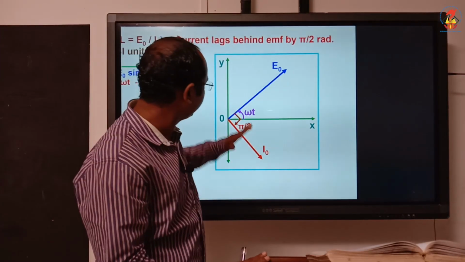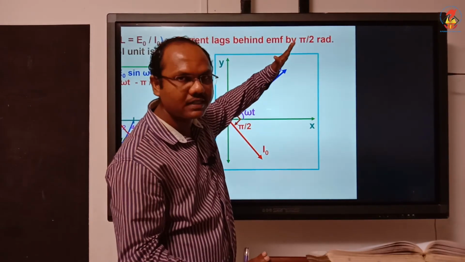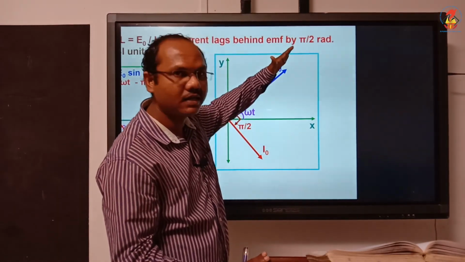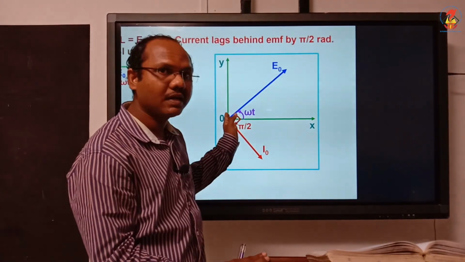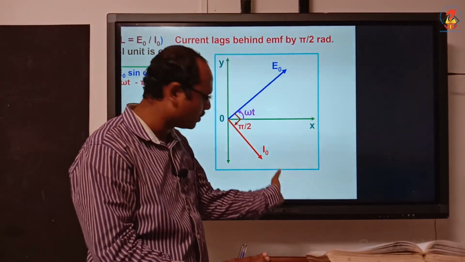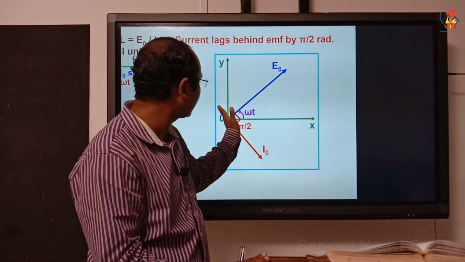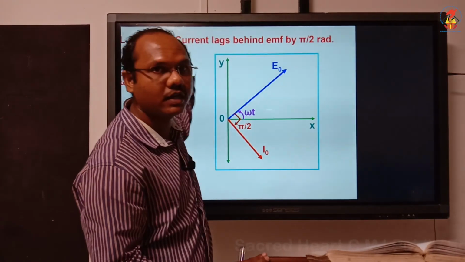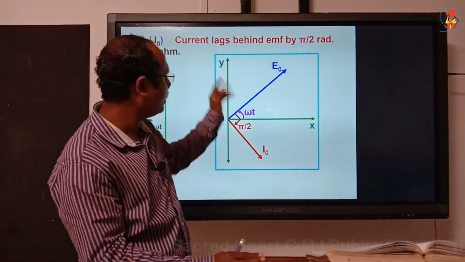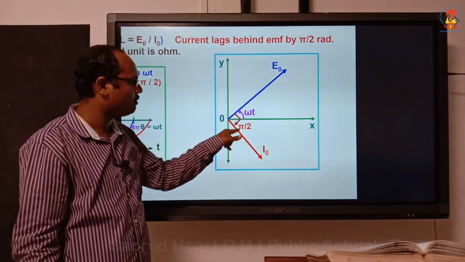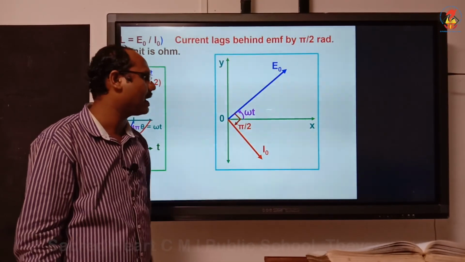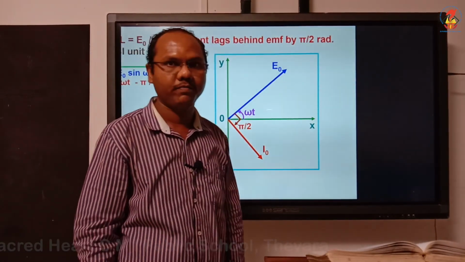Okay, so this is the EMF. EMF will always come here, and if current lags, we will draw downwards like this in the fourth quadrant. If the current leads, we will draw in this direction. Okay, so that's it, and I have marked pi by 2. So current lags by an angle pi by 2.